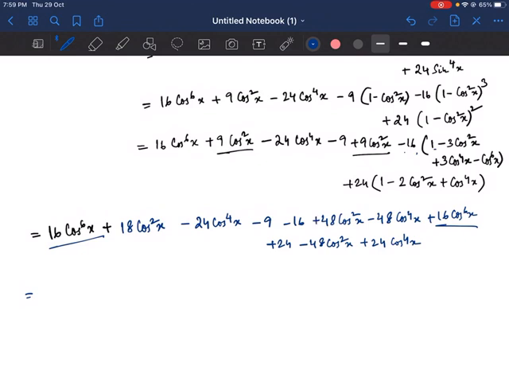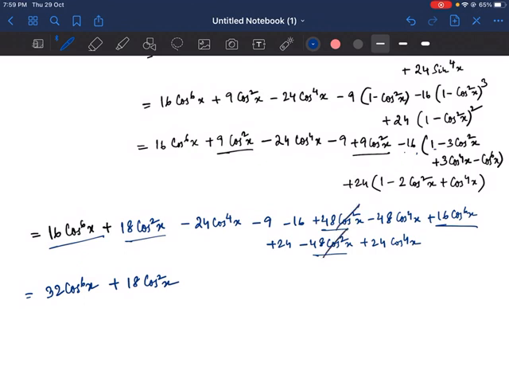Okay. So now 16, 16, they become 32 cos to the power 6x. Then we have 18 cos square x, 48 cos square x, and minus 48 cos square x. So we will be getting what? It will be 18 cos square x, because these two get cancelled.